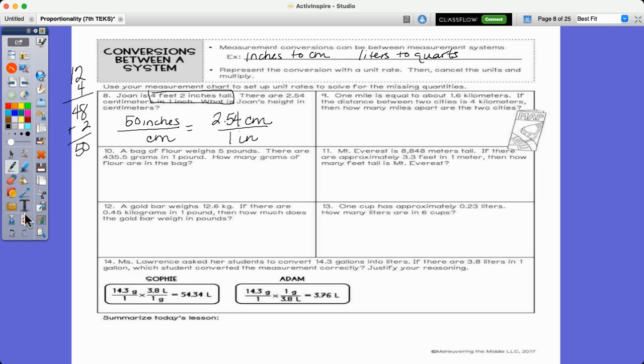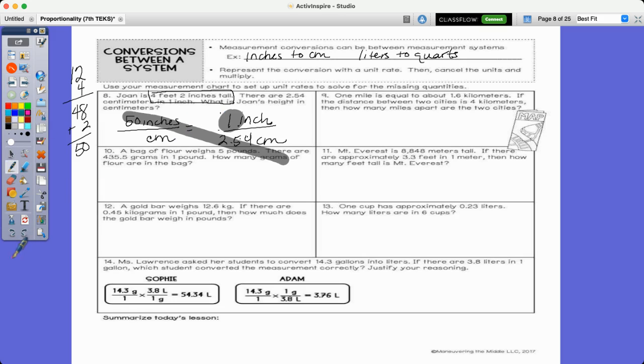I set that up wrong. What did I do, guys? My units. I always write our units together. So I have 1 inch and 2.54 centimeters. So we are going to cross multiply and divide. Sorry, I don't like black, that's hard to read.